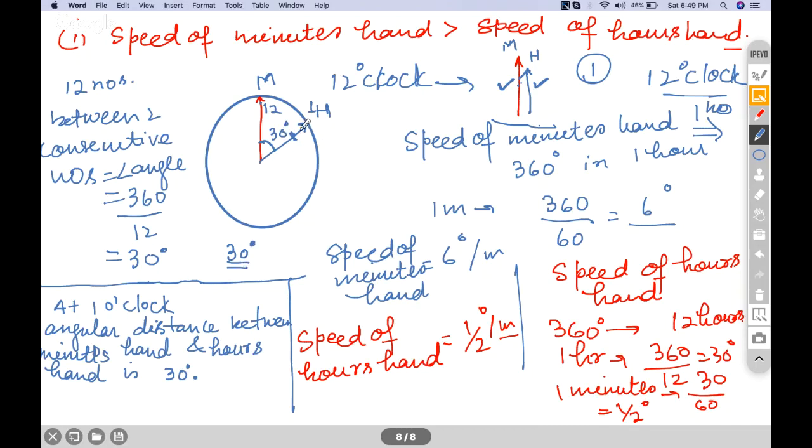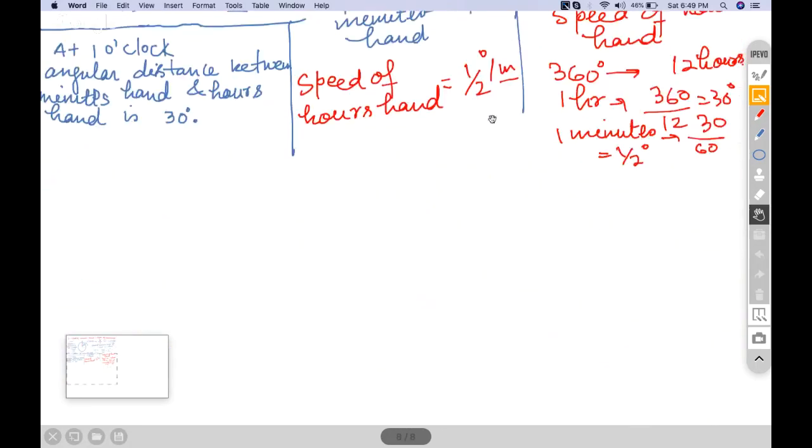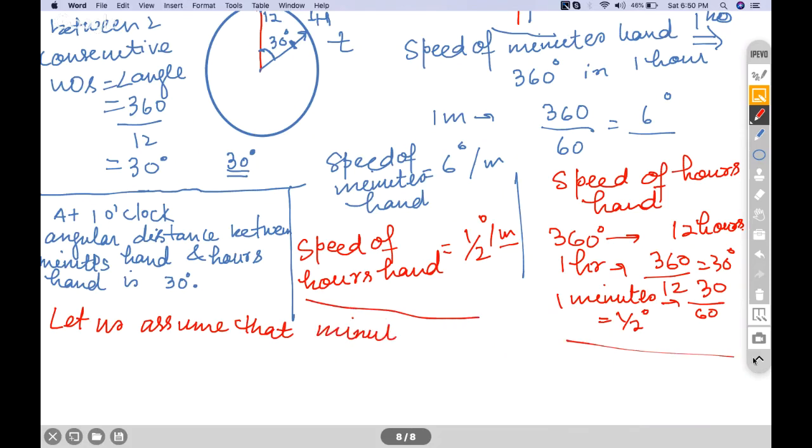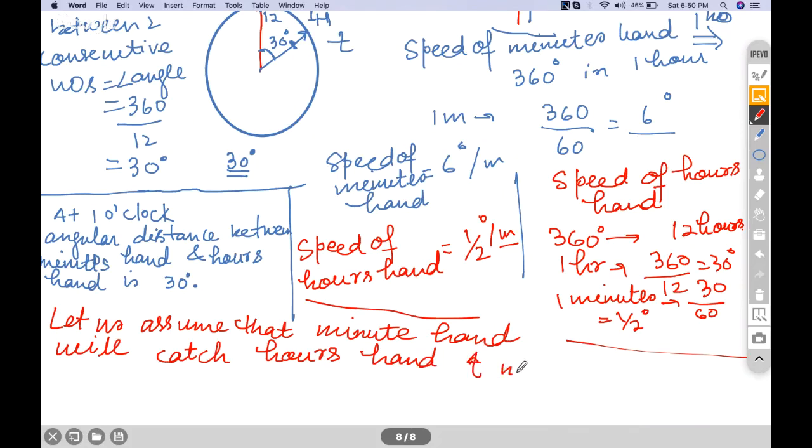Let's assume that the minute hand will catch the hours hand t minutes after 1 o'clock.